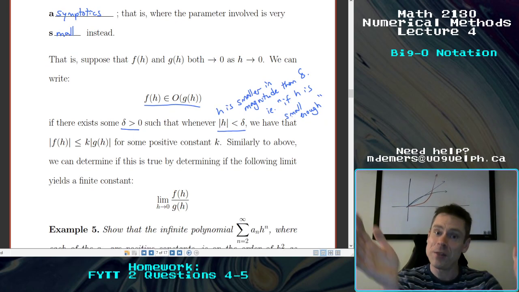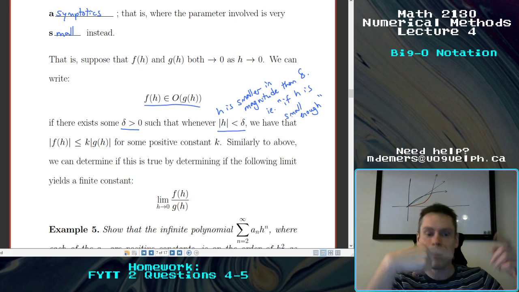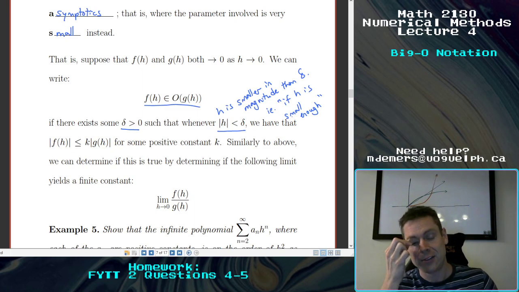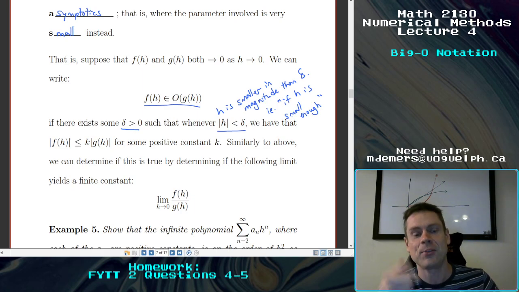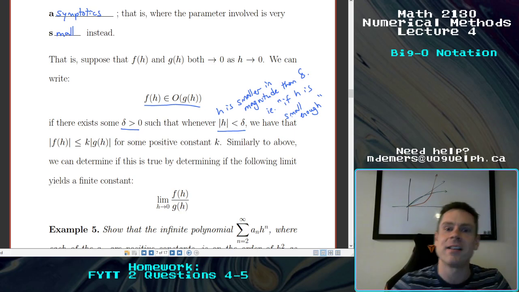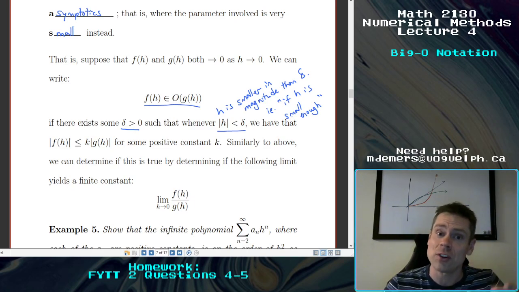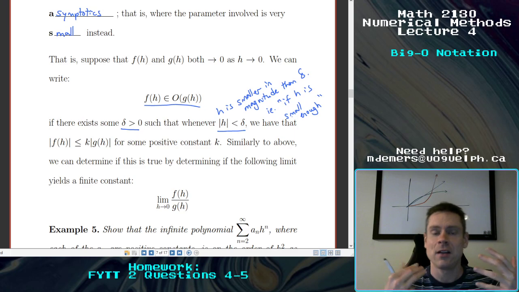So if within that threshold, with h tiny enough, we have that the same relationship is true, that the size of f is less than or equal to k times the size of g for some positive constant k, then you have that that is true, that f is on the order of g. But this time as h goes to 0, or as treating h as a small parameter.